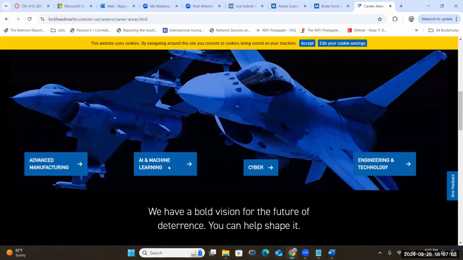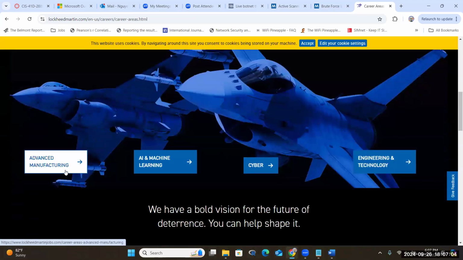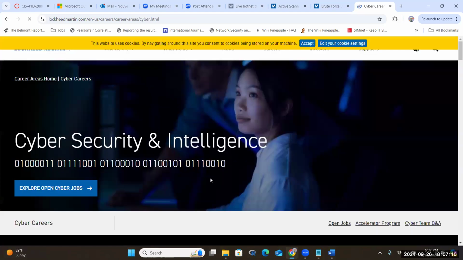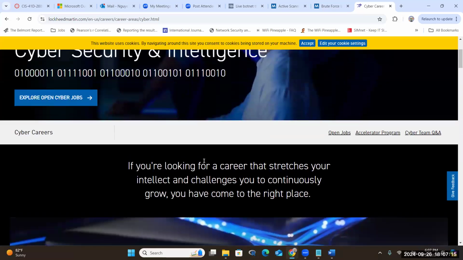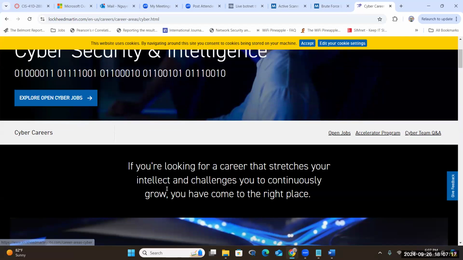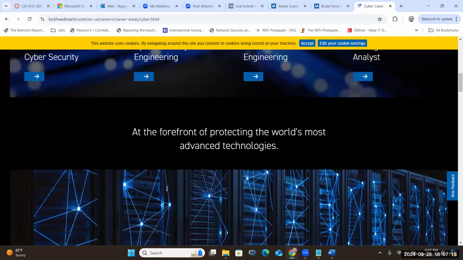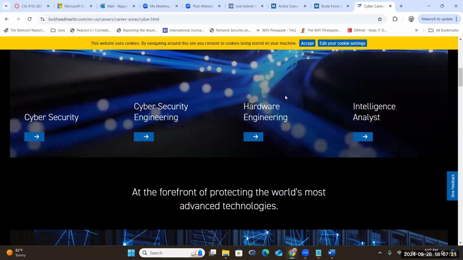They have specific areas, right? Like advanced manufacturing, machine learning, cyber, engineering, technology. So if we look at cyber, it tells you that you can also look at the jobs, right? It also drills down to the subcategory.